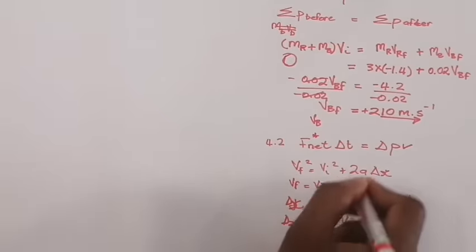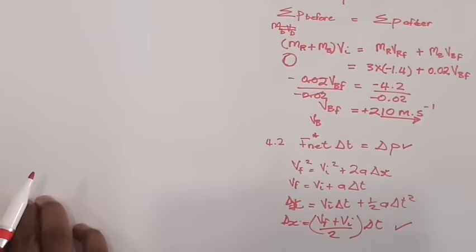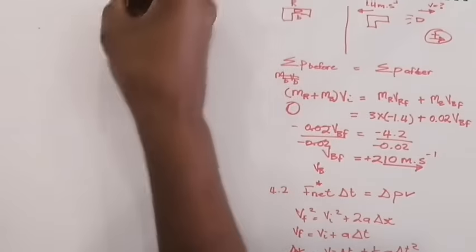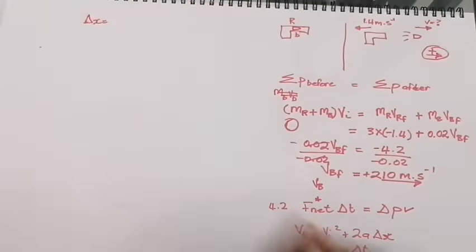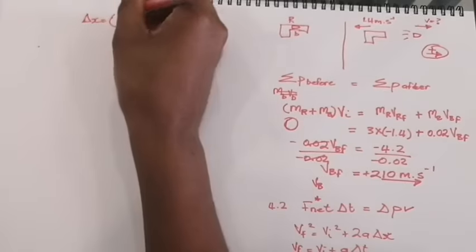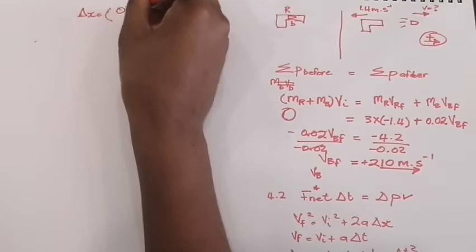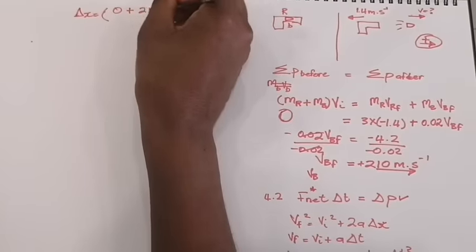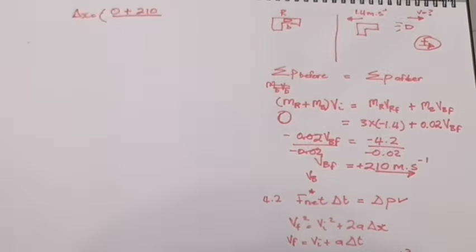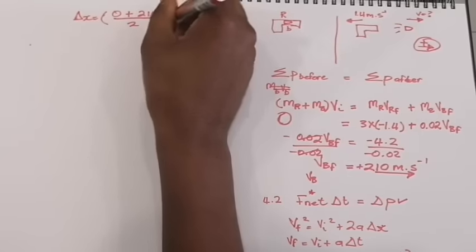The others have acceleration, which is not what we're interested in. Now I'm going to take that equation and substitute. What is our final velocity? That's 0. What is the initial velocity of the bullet? That's 210, divided by 2, multiplied by the change in time.